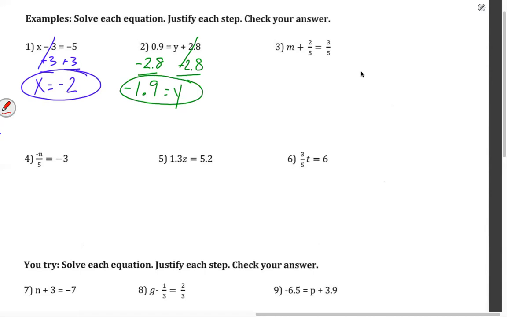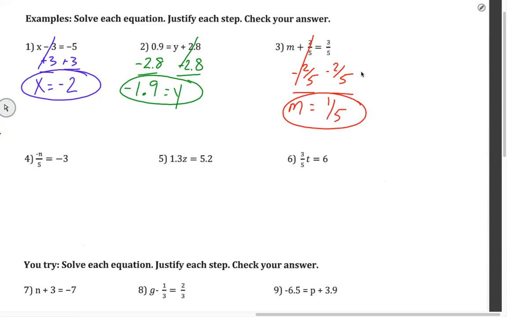Now, I have fractions in number 3, so it doesn't change anything. I can still do minus 2/5 on both sides. Those cancel. I'm left with m equals 3/5 minus 2/5 is 1/5. And of course, 1/5 plus 2/5 equals 3/5.